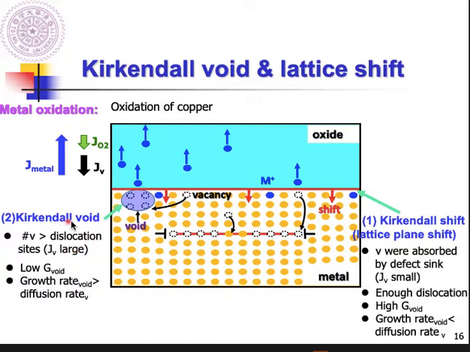So if you observe more voids formed in your material system, that implies that the void formation energy is lower, and also the growth rate is faster than the diffusion rate of the vacancy through these materials.